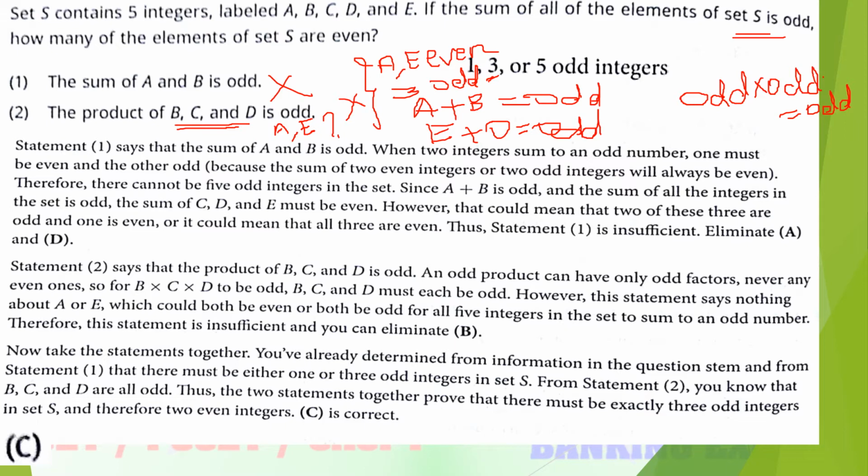The second statement tells that there are 3 odd integers: B, C, D. So 4 odd integers is not possible in order to get the odd answer, so 2 are even and 3 are odd integers. It is proved. So answer C is correct for this question.